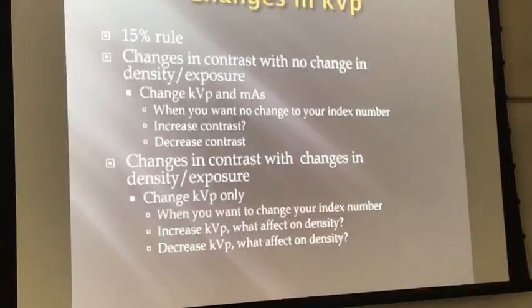Density in screen film radiography was, you know, just the overall darkening of the image. In CR and DR, we really refer to that as the exposure index number. So you're going to change your kVp and your mAs when you want no change in your index number, but you want to change your scale of contrast. What do we do to increase contrast? What does increase contrast mean?